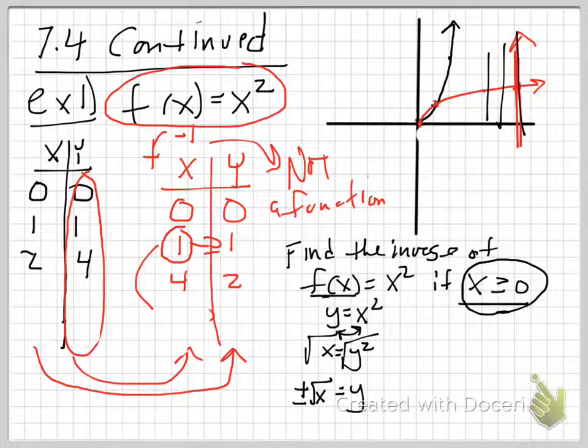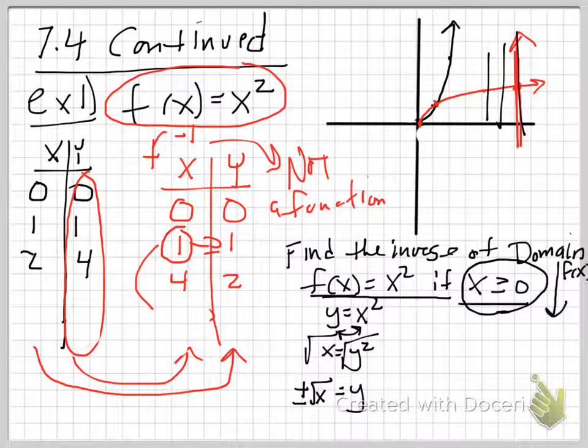Keep in mind, the original function had this domain. This was telling us what values we were allowed to plug in. If you remember from the last video, the domain of the original function, f of x, should be exactly the same thing as the range of the inverse function.